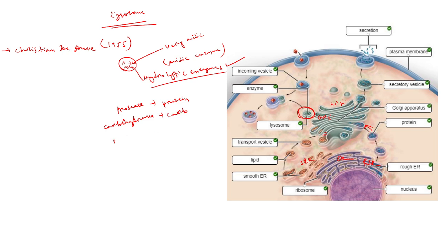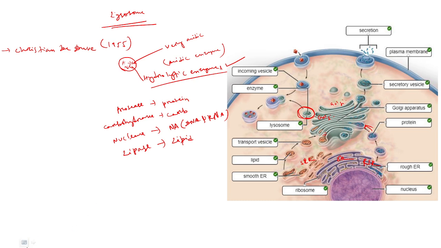Nuclease means it helps in the digestion of the nucleic acid, the DNA and RNA. For example, the lipase. Lipase means it helps in the degradation of lipid. So all these hydrolytic enzymes or digestive enzymes are present inside the lysosome.